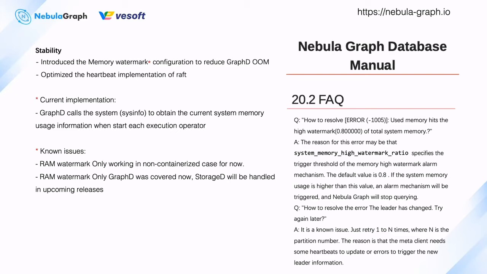But it's actually only partially implemented. For now, the current implementation doesn't fit the case when the GraphD is running in a container environment. So in this release, if you are running Nebula inside Docker or Kubernetes, it's better to turn this feature off by setting this to 1.0.